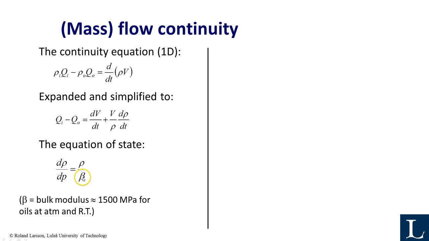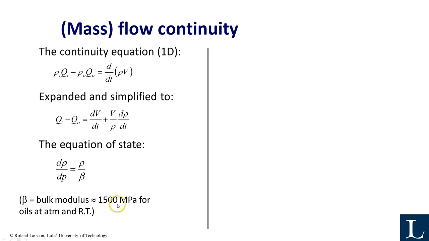And this proportionality constant is called the bulk modulus, and for a typical oil, it's something like 1500 megapascals at room temperature and atmospheric pressure. It increases for increasing pressure, decreases with increasing temperature.